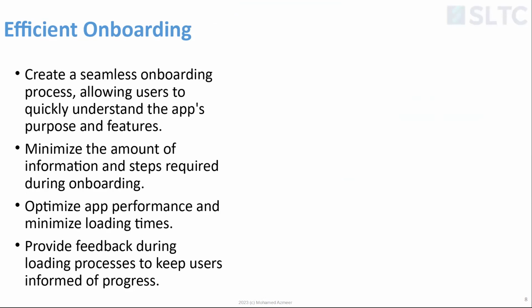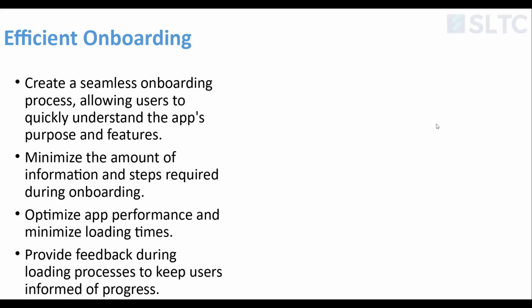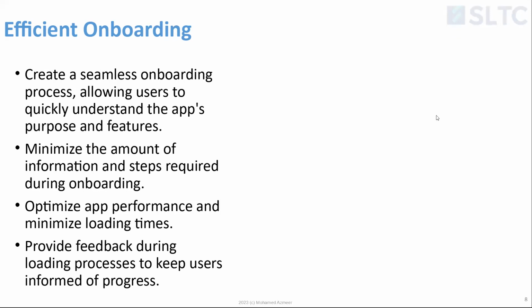The next one is called efficient onboarding. What is onboarding? Onboarding is about training the user, or teaching the user, what this application does and how it works. Okay, so how do you do it?